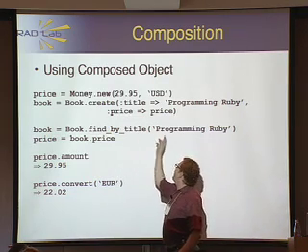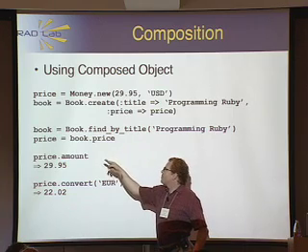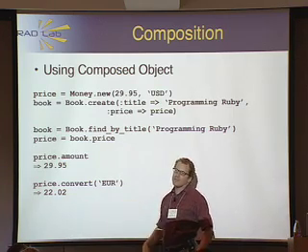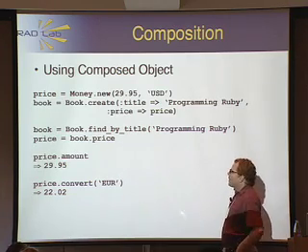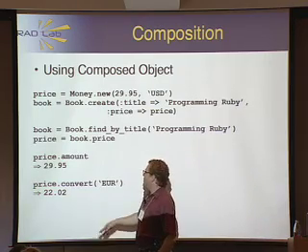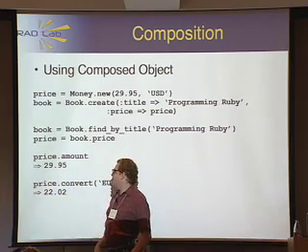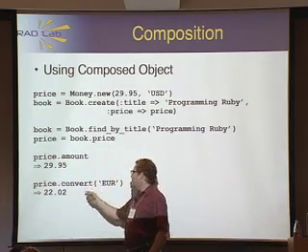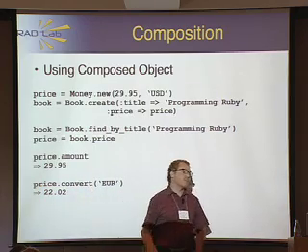As well, if I find the book, I can then get the price out of the book the same way, by book.price. It's sort of a pseudo column. If I say price.amount, it's going to give me $29.95, and then I can say, convert that price to euros, and it'll give me 22.02.